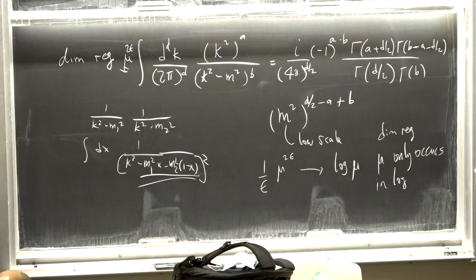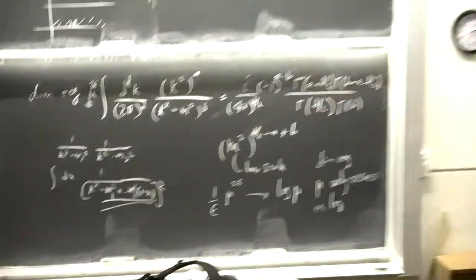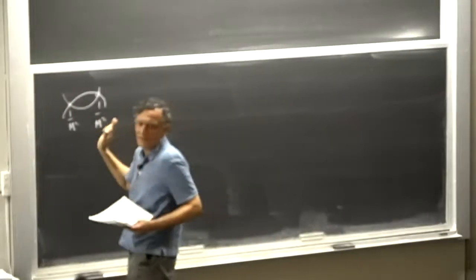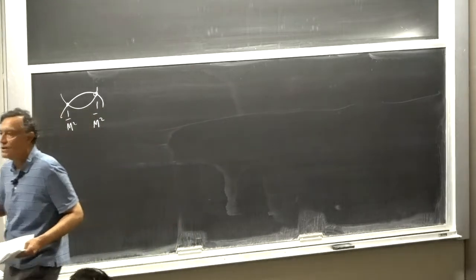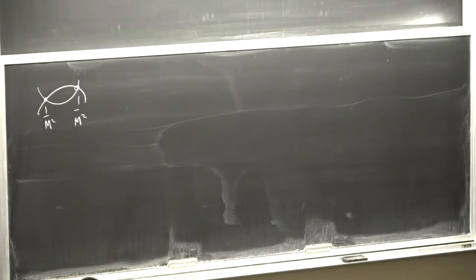So this immediately gives you what I wanted, which is manifest power counting. If I have some diagram with some m's here, 1 over m squared and a 1 over m squared, and I do the integral, it doesn't matter how divergent it is, you can never get any powers of big M from the integral, because nothing in here has a high scale in it.